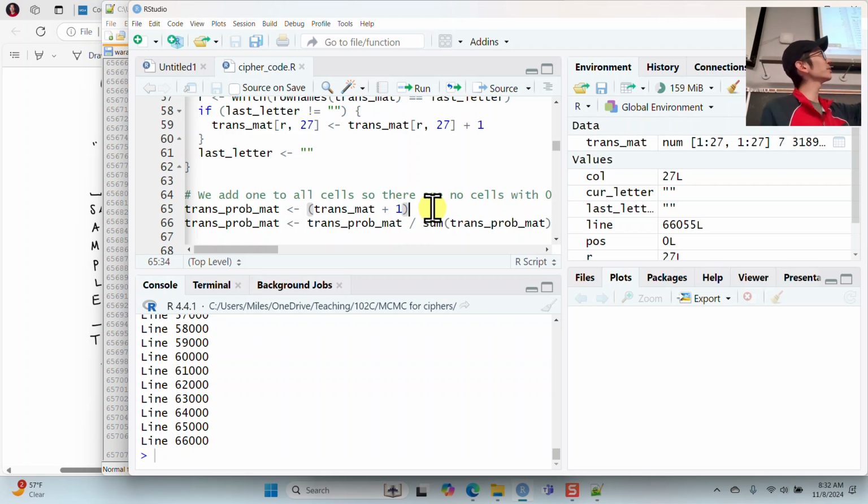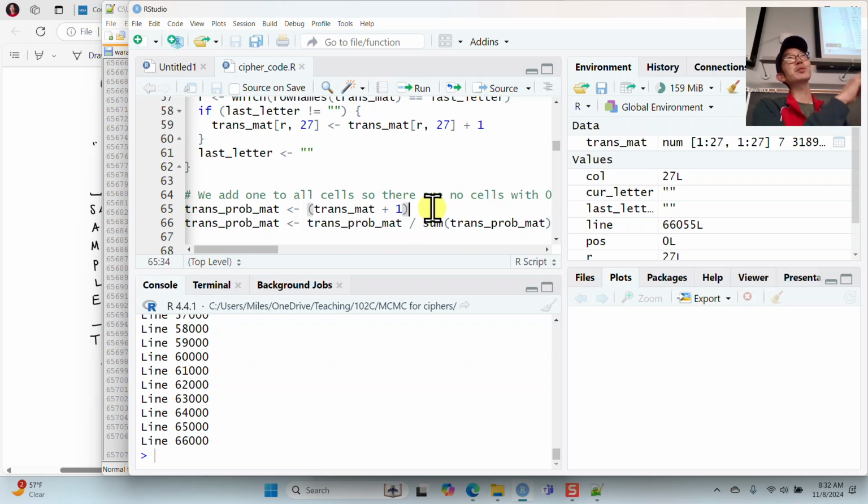to every single space in the matrix, because if you have a 0, that means as it was reading the text, it never encountered that 2-letter combination. So like maybe QJ was never encountered, and the count there would be 0.